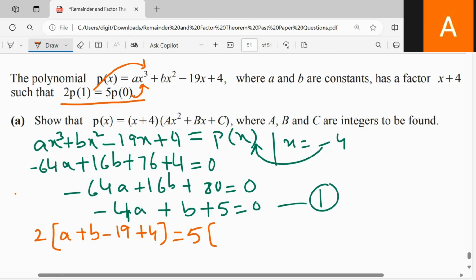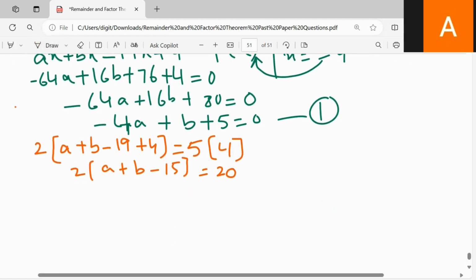All these terms become 0 and you are left with only 4. So we get another equation, 2 times a plus b minus 15 is equal to 20.